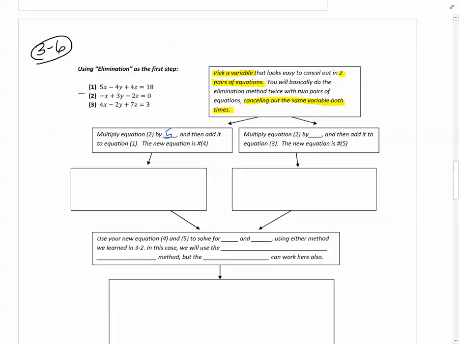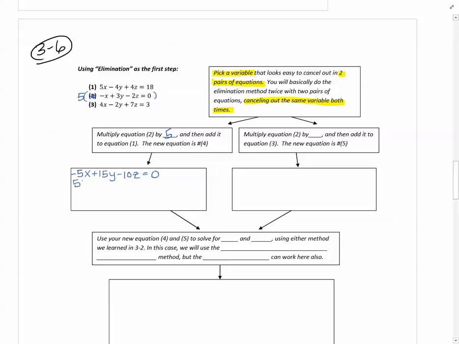If I multiply this equation by 5, ignore the 2 here, I'm going to have negative 5x plus 15y minus 10z equals 0. Now 5 times 0 is 0. So I did multiply that, I didn't keep it the same. Then I'm going to add that to equation 1.